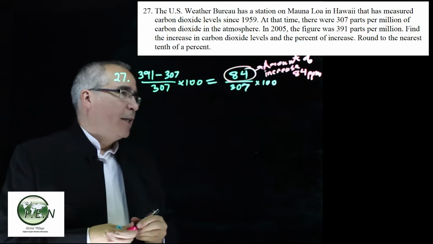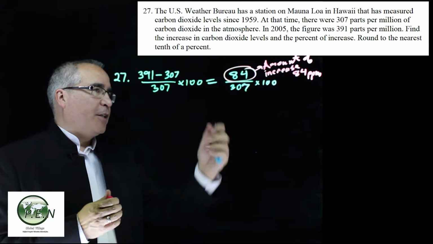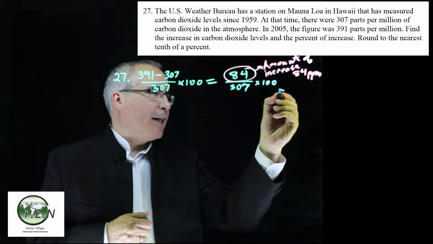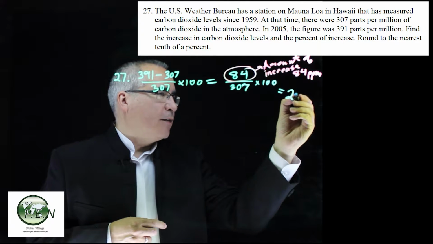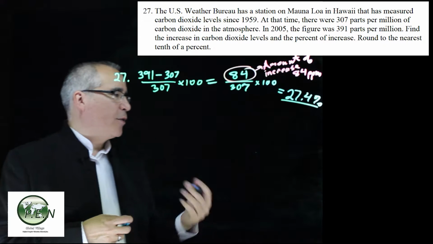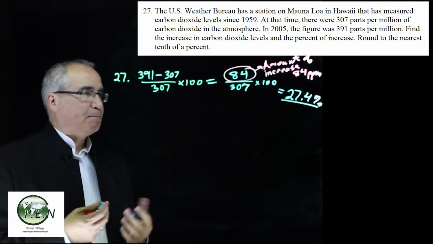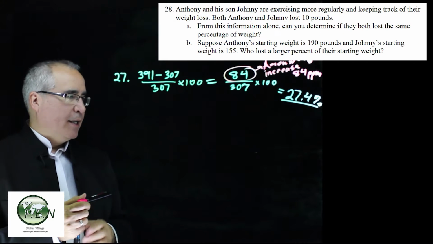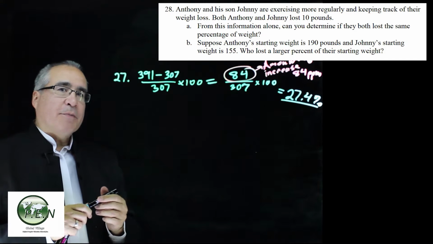We finish the calculation, 84 divided by 307 times 100, and we get that that is going to be 27.4%. That's our relative change, or percent of change. Percent of increase, it's positive. Okay. So now let's try this process again.